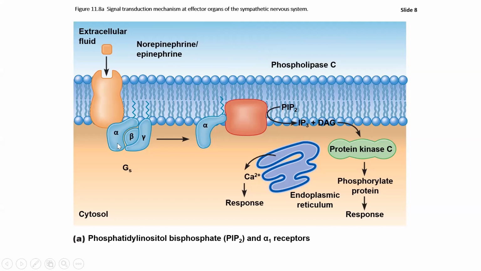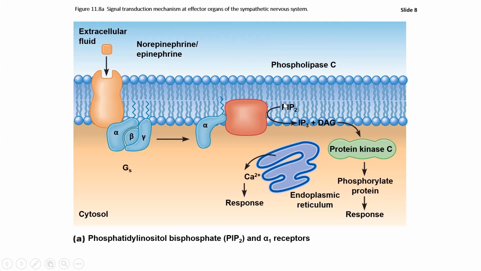Upon that, the alpha subunit is going to dissociate off. It's going to head downstream in this membrane, and it's going to activate an amplifier enzyme. So the amplifier enzyme in this instance is called phospholipase C. And now phospholipase C is going to catalyze the reaction of cleaving PIP2, and I talked about PIP2 last time.